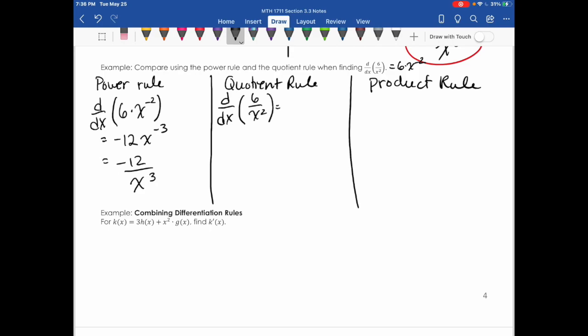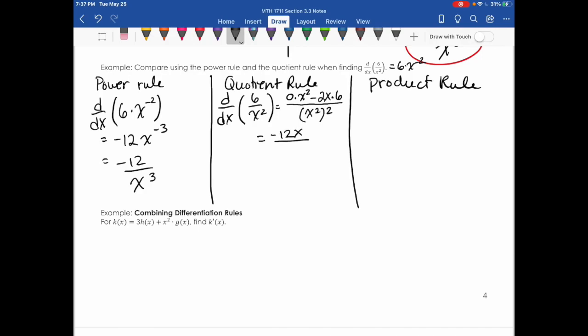Using the quotient rule, we would leave it as a fraction. I would take the derivative of the top, which is a constant, so that would be 0, times the bottom function. Then I would subtract the derivative of the bottom function, which is 2x, times the top function, which is 6, all over the denominator squared.